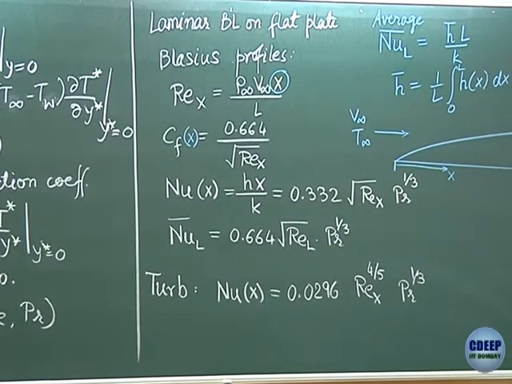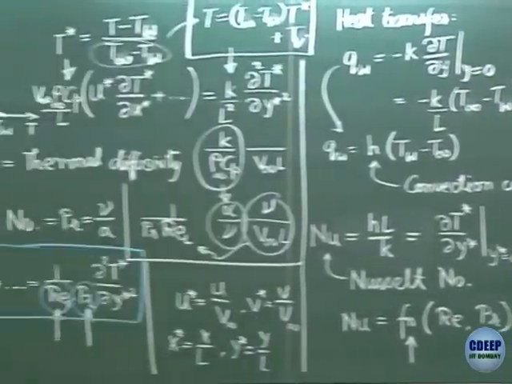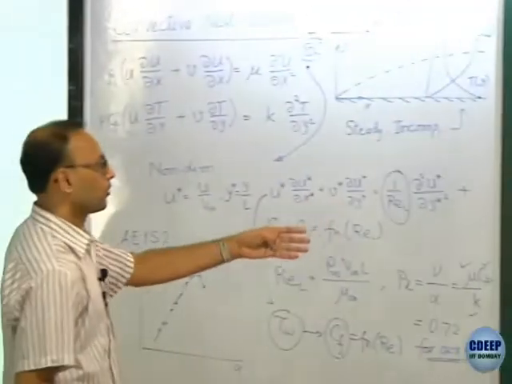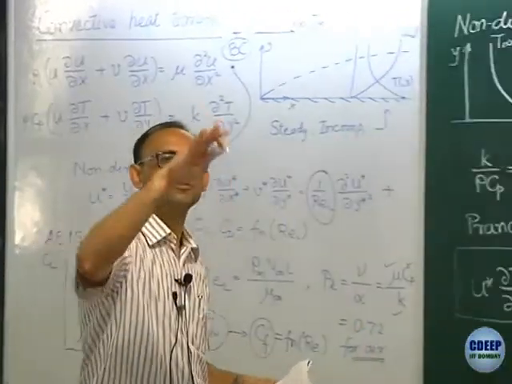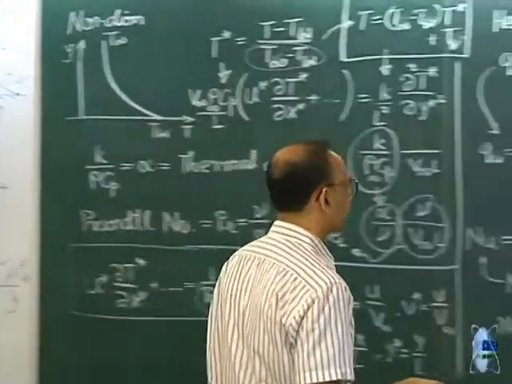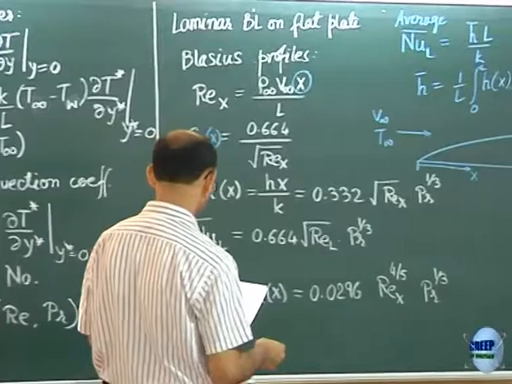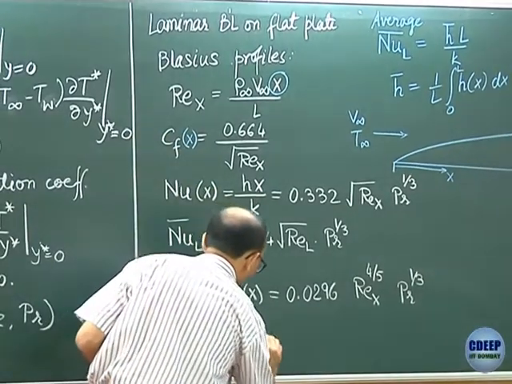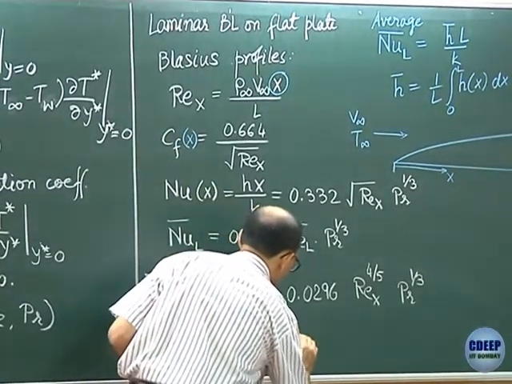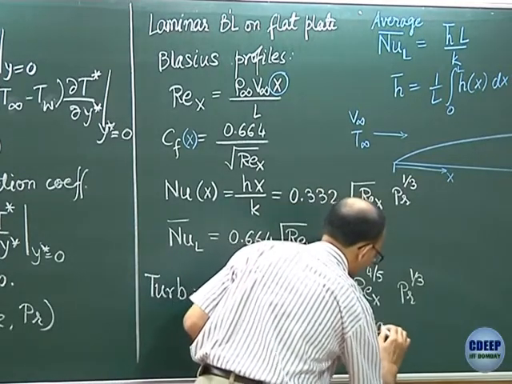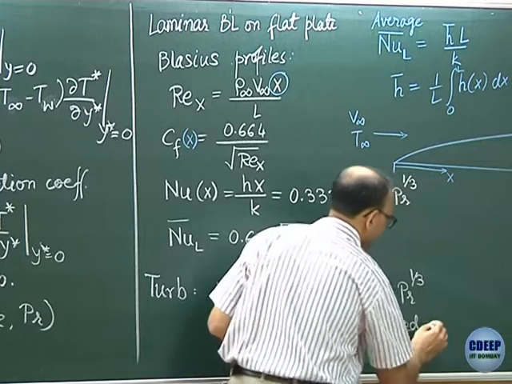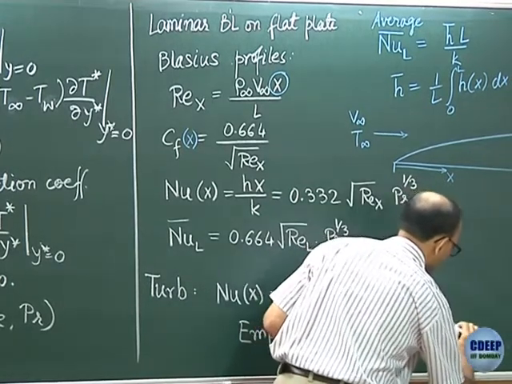People have done lots and lots of experiments, plotted data for Nusselt number as a function of x and Re_x, and tried to fit some curves through it. So these are all empirically obtained values, from experimental data.